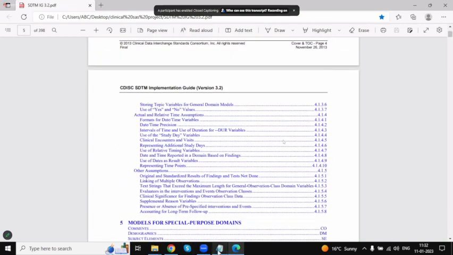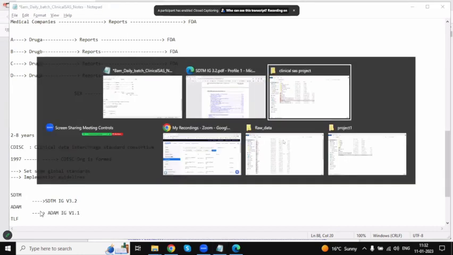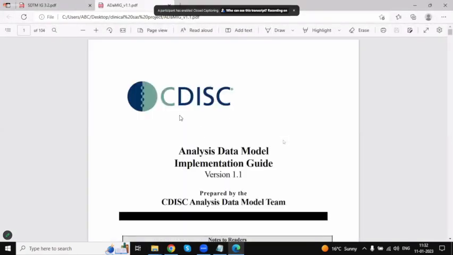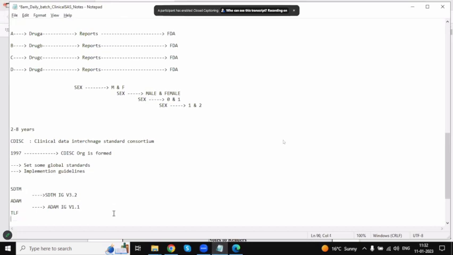Similarly, not only for SDTM but for ADaM also, they prepared an ADaM implementation guide. Currently the 1.1 version is running. CDISC has given the Analysis Data Model implementation. TLFs have no implementation guide, but they have some rules, and that's it.